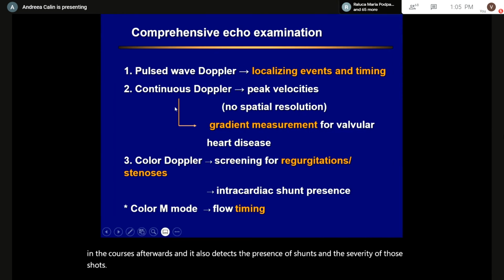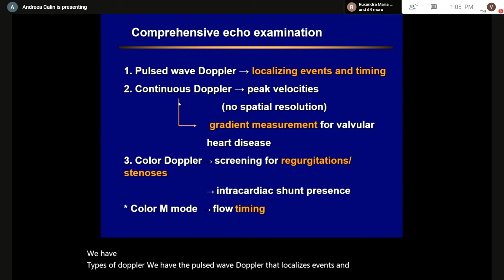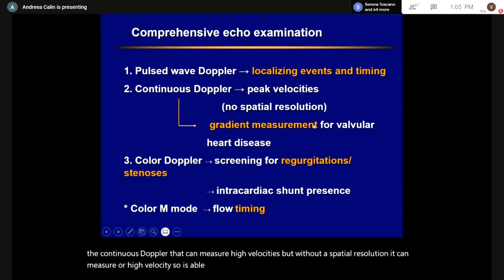We have some important types of Doppler. We have the pulsed wave Doppler that localizes events and timing. We have the continuous Doppler that can measure high velocities, but without a spatial resolution. It can measure high velocities, so it's able to measure gradients for valvular heart diseases.